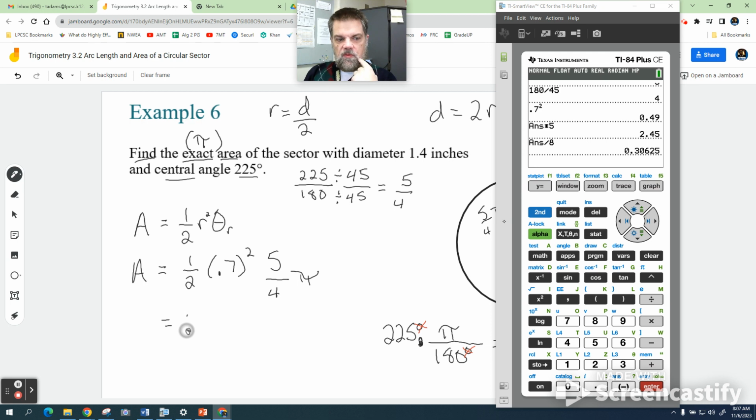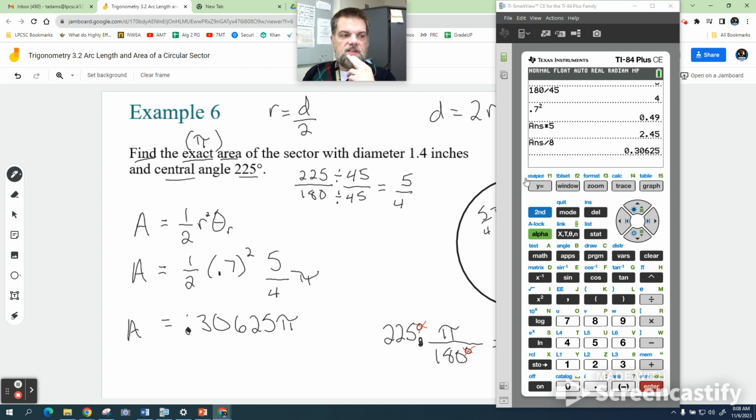Yeah, we'll just leave it as 2.45 divided by 8 pi. And you might say, well, Mr. Adams, how is that an exact value? You have a decimal. It's a terminating decimal. Yes? Why did you multiply by 5?